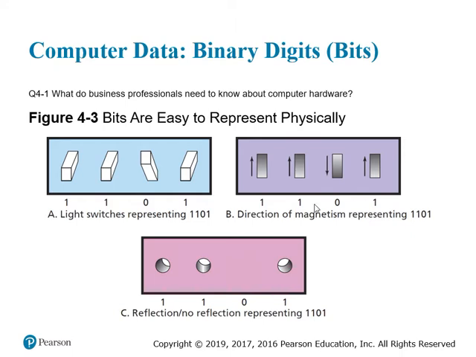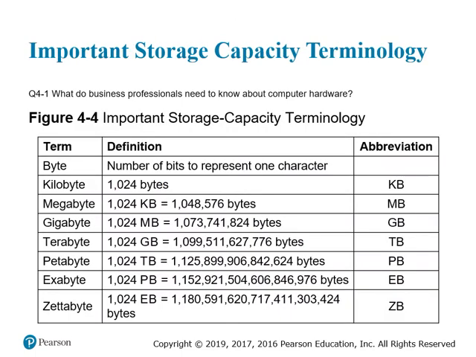Light switches, magnetism, direction, and reflection or no reflection. That would be like in fiber optic. So a lot of ways to make on and off work. At my job at the Air Force, when I was a radio troop, we were able to send emails over HF radio using an on-off method.